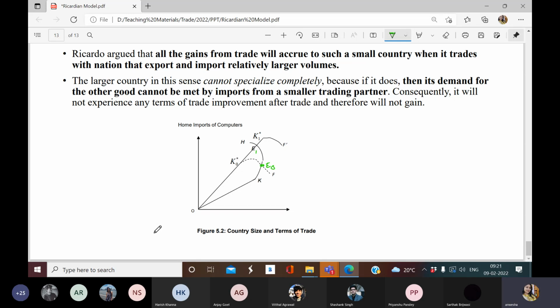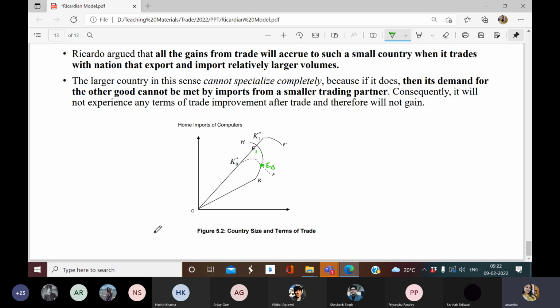Therefore, the home country will be completely specialized, but the foreign country now has to produce both goods, because home country's export of textile will not be able to satisfy the import demand for textile. So the foreign country has to produce both textile and computer.